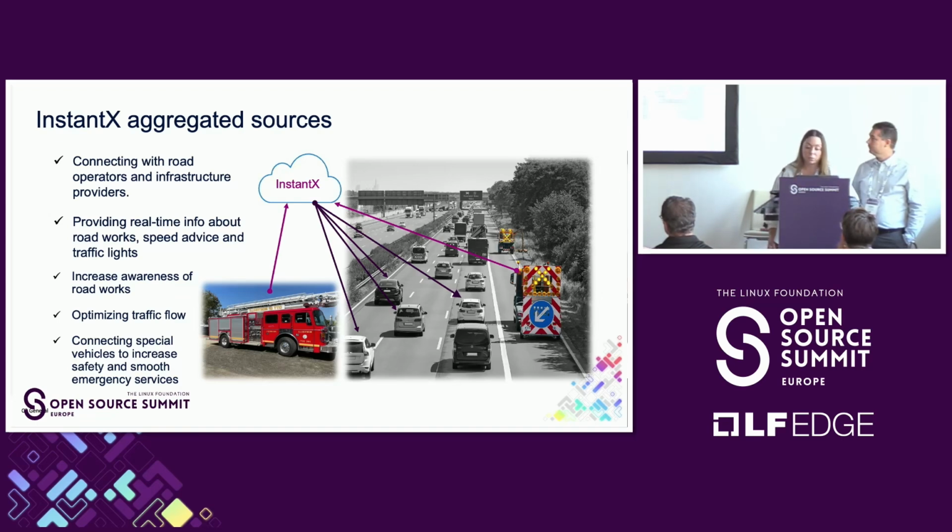And we are able also to increase the awareness of roadworks, optimizing the traffic flow, but not just the roadwork, as well the road worker protection if the user is on the road. So with this, we are increasing the safety at the end.